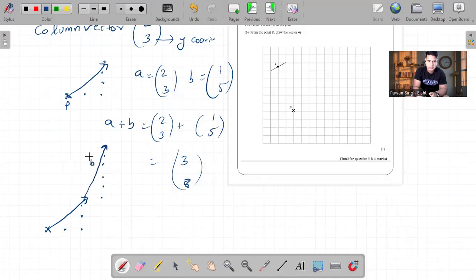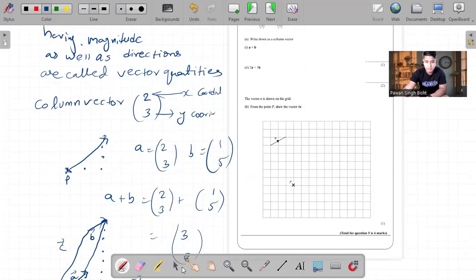This is B. The resultant is from the tail to the head, so C will be A plus B. Counting, that is 3 right and 8 up. That will be my vector addition. This is how we do vector addition. We will do the questions, then it will be clearer.